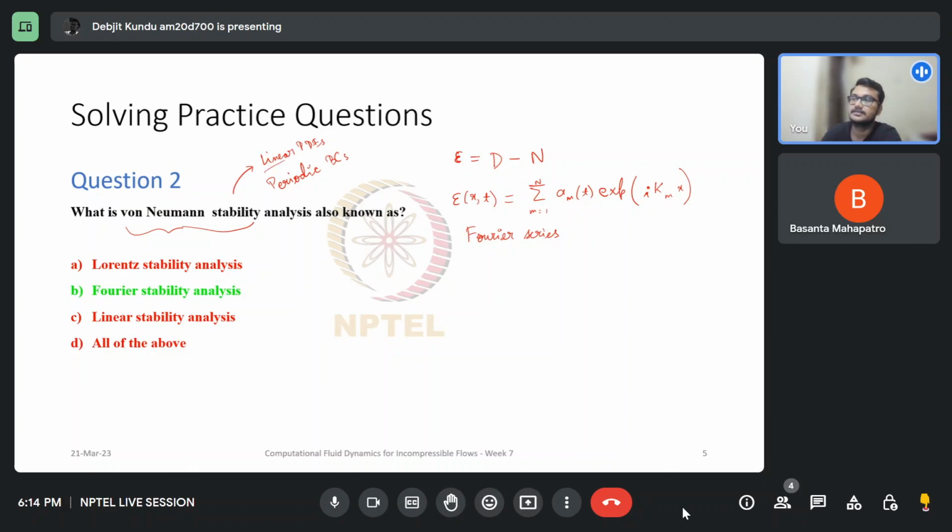So since the original equations are linear, we can say that each term of this Fourier series is actually a solution to the original PDE, and therefore we do not have to look at each different term of this Fourier series alone. We can look at any one term and then conclude on the stability of the system based on the growth factor.